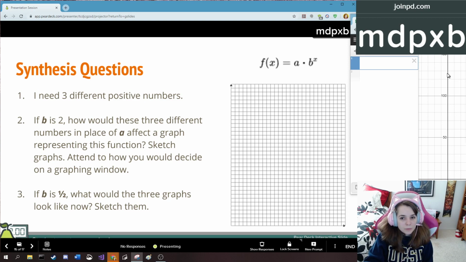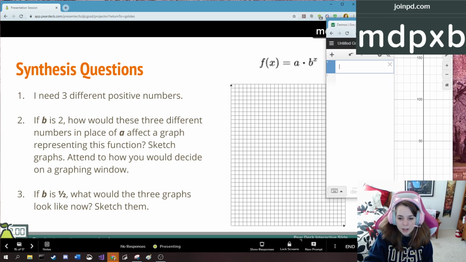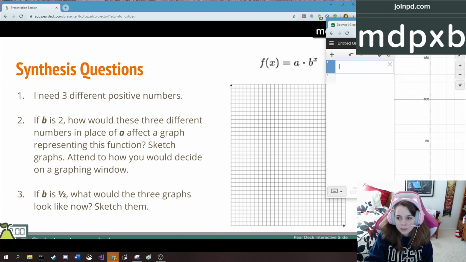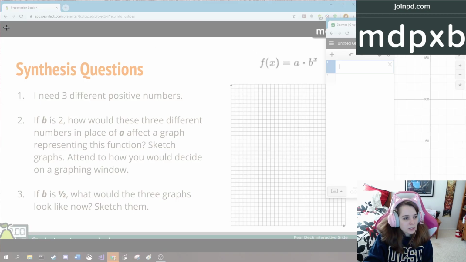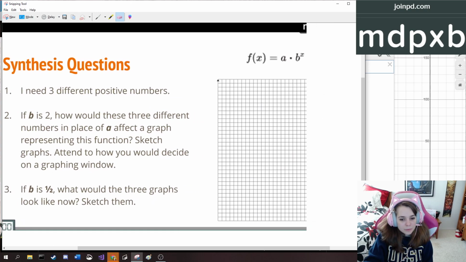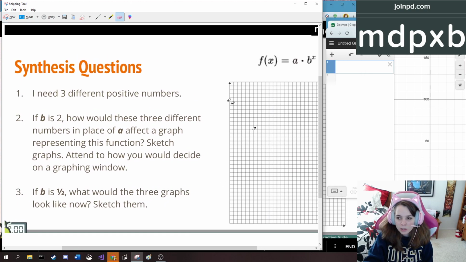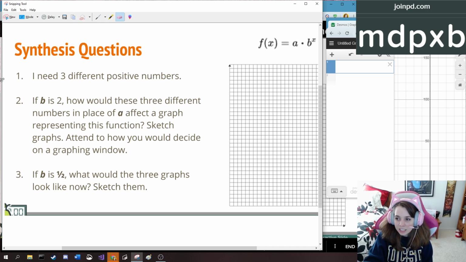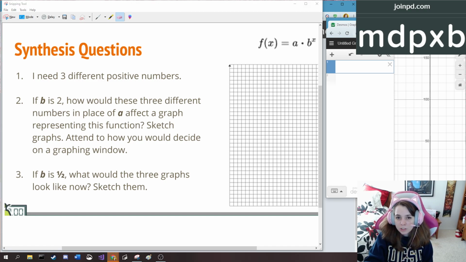All right. So, I want you to pick 3 different positive numbers. Because what we're going to do is take a look at these graphs, and really summarize and understand how changing the B will work. So I'm going to show some responses.